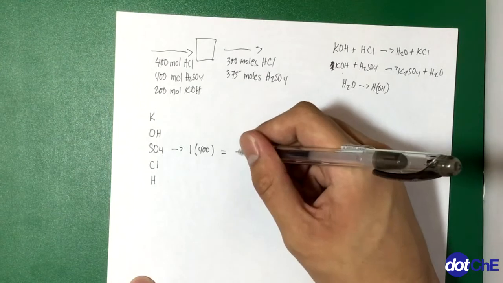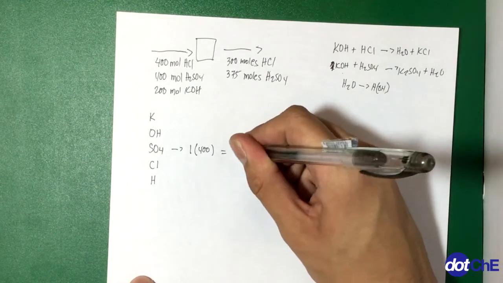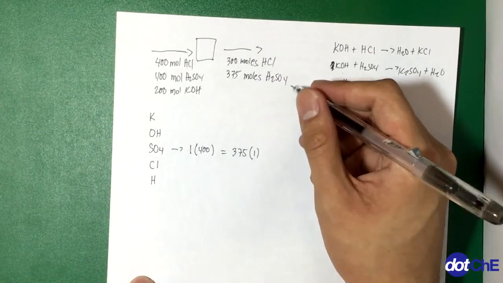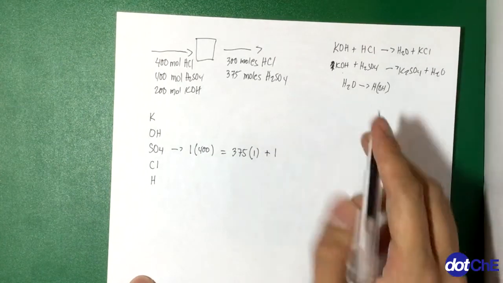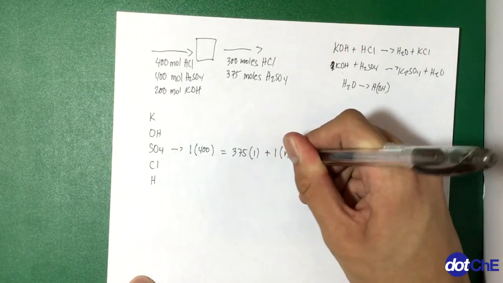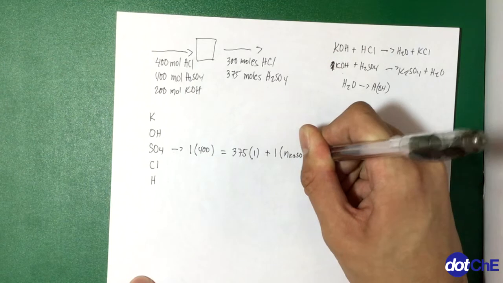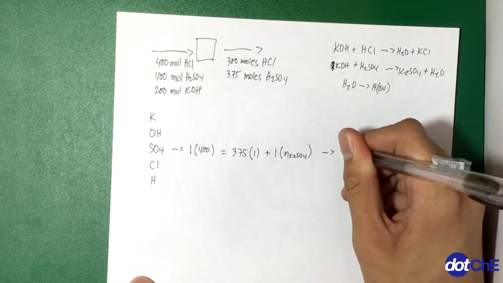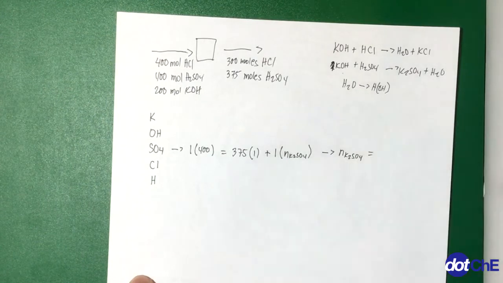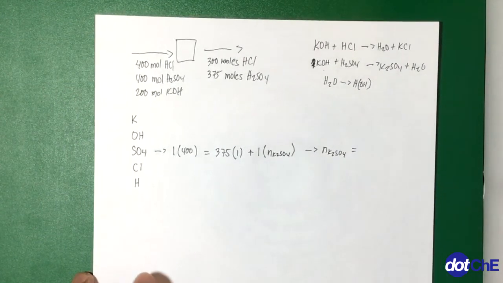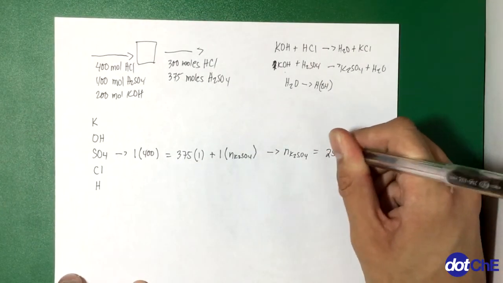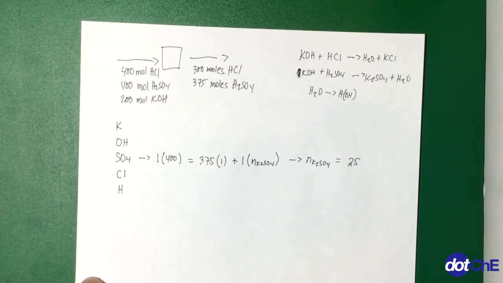We equate that to 375 moles multiplied by 1, plus 1, because we could also find SO4 in K2SO4. So NK2SO4 equates to 25. I hope everything's clear now.